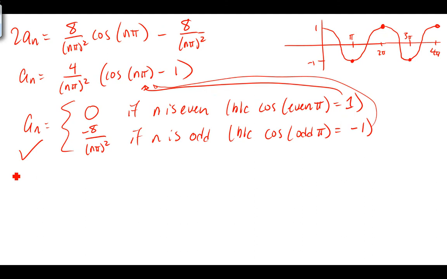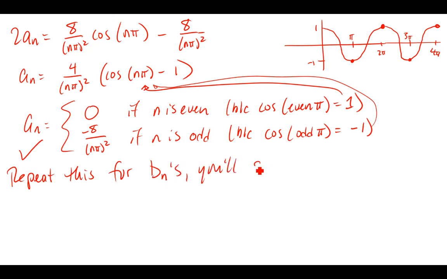So if you repeat this whole process for the BNs, you'll actually get that BN is 0 for all n's. In other words, you don't have any b's, which are the sine pieces of the expansion. Like I said, I'm not going to do that out, but if you did it, I promise you'd end up with that conclusion.